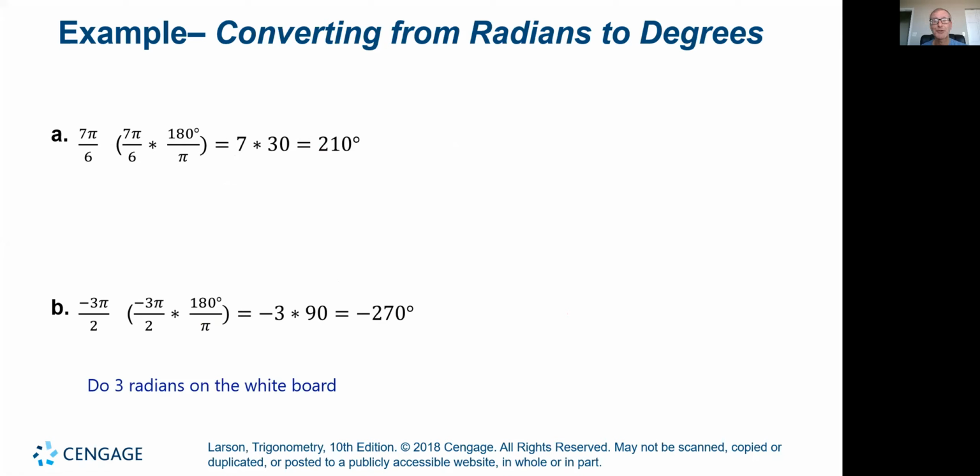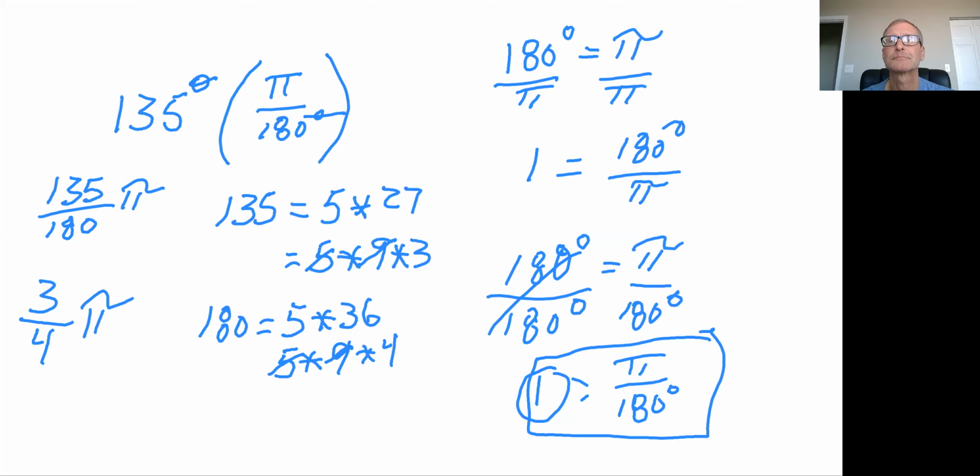So let's actually do both of these on the whiteboard. So with regards to doing these conversions, we have 7 pi over 6. And now we want to convert it into degrees.